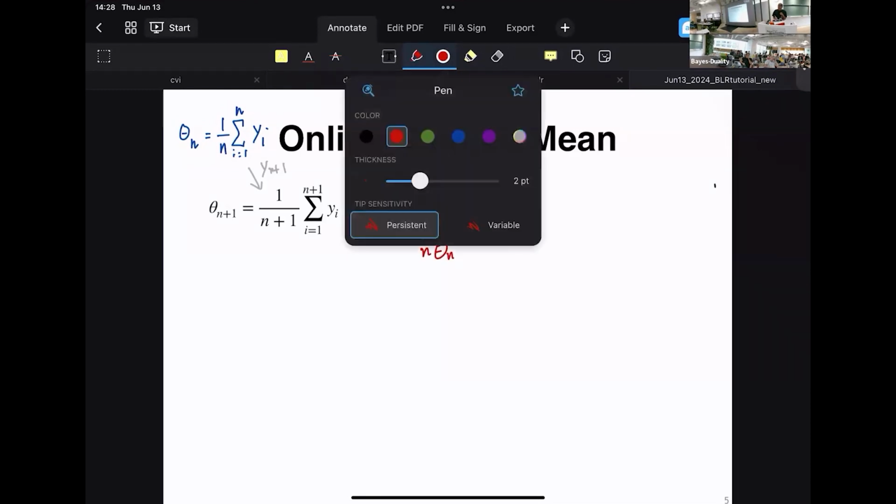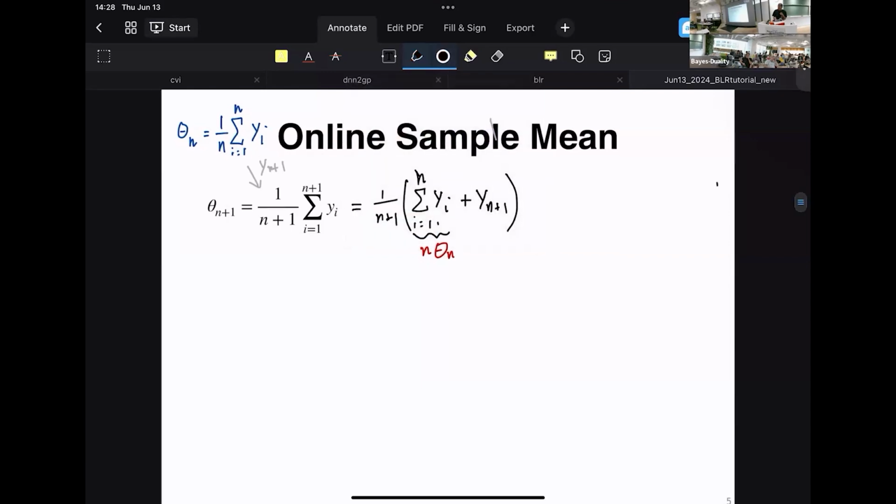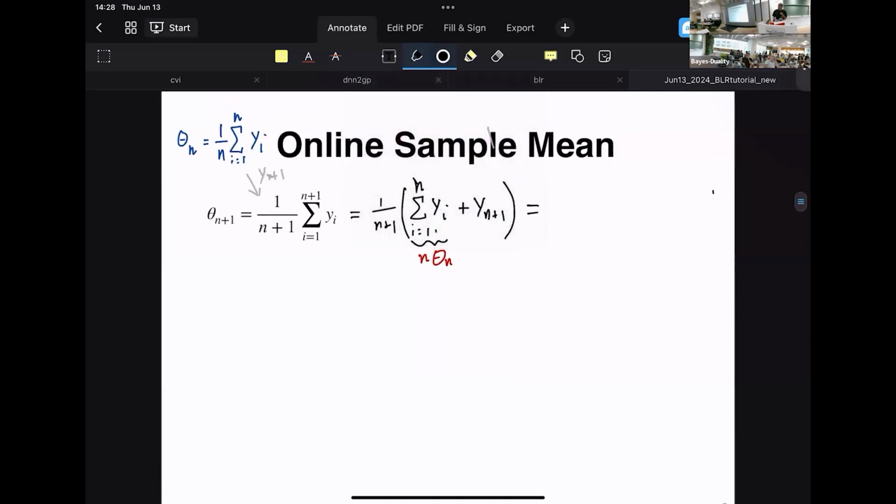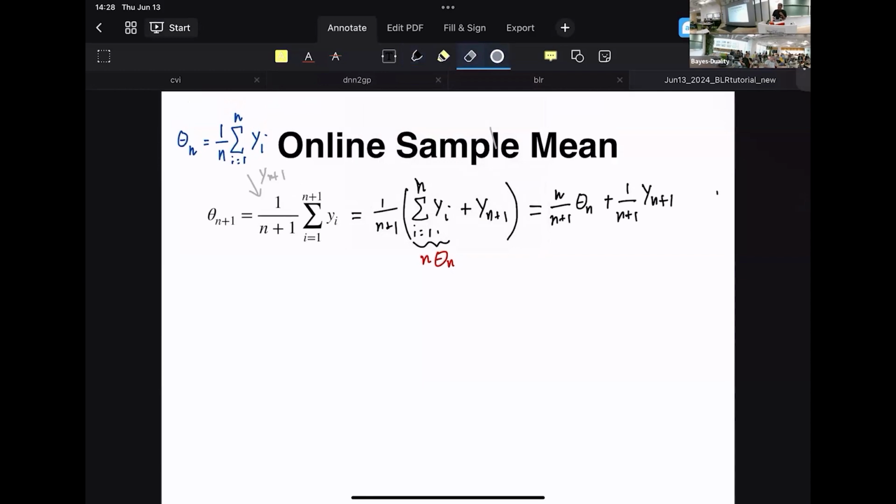So then I get an answer which is, sorry, not working. N divided by n plus 1 times theta n plus 1 divided by n plus 1 times y n plus 1. This is good, right? One way is this.